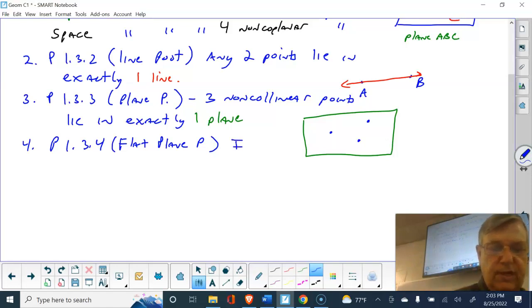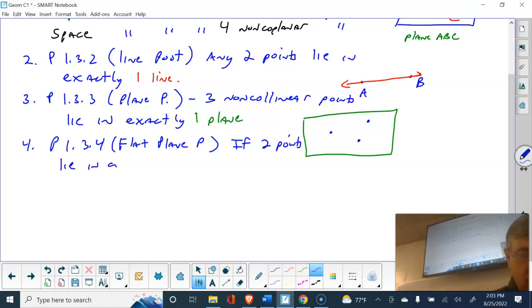And this one says, if two points lie in a plane, so now we're getting to an if-then situation. So I'm going to underline the if in red. And I'm going to take the word then and underline it in red.